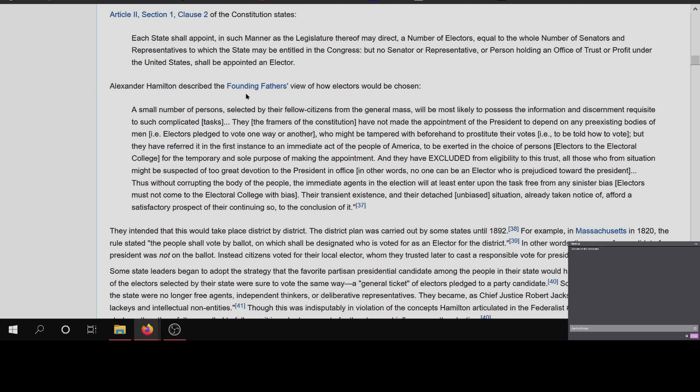Alexander Hamilton described the founding fathers' view of how electors would be chosen: a small number of persons selected by their fellow citizens from the general mass, with their transient existence and detachment, an unbiased situation.